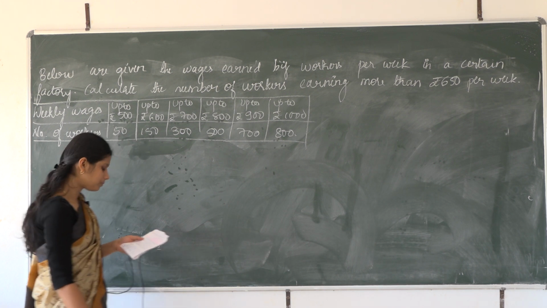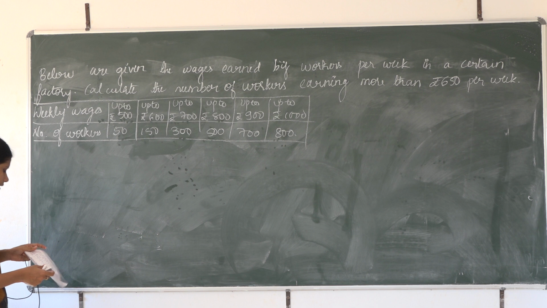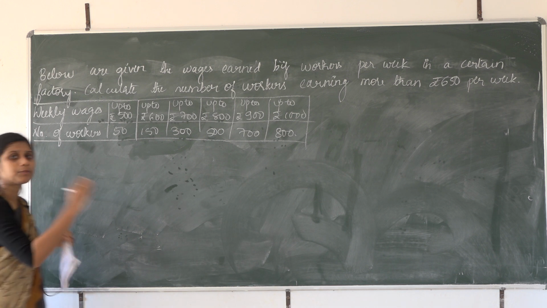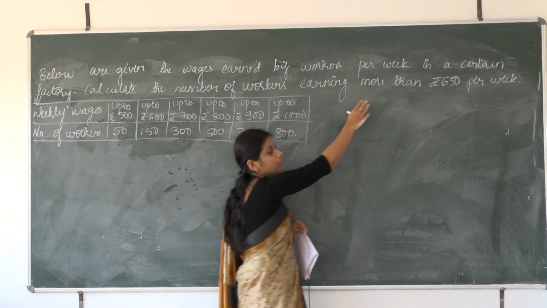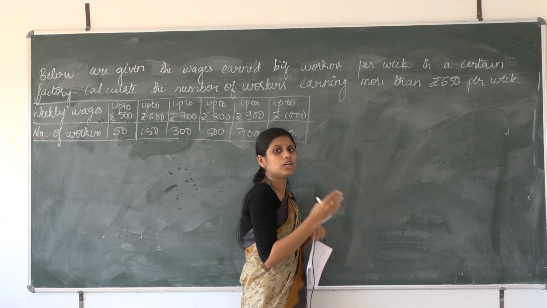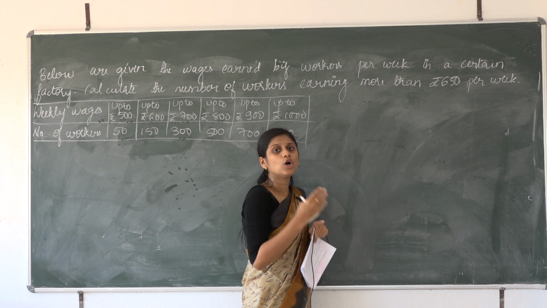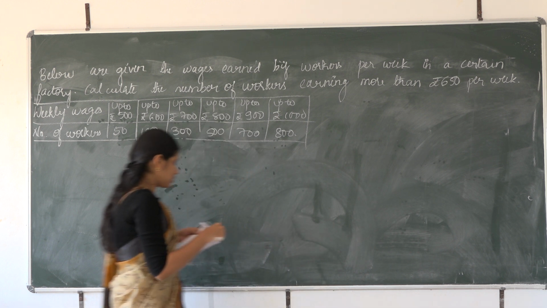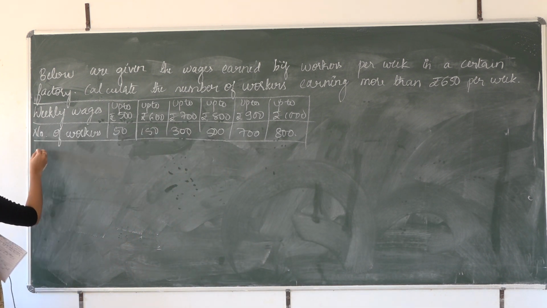So first of all, we are going to calculate the number of workers earning the wages up to rupees 650, not more than rupees 650. First of all, we are going to calculate the number of workers who are earning the wages up to rupees 650. So we are going to use the Newton's advancing difference method.